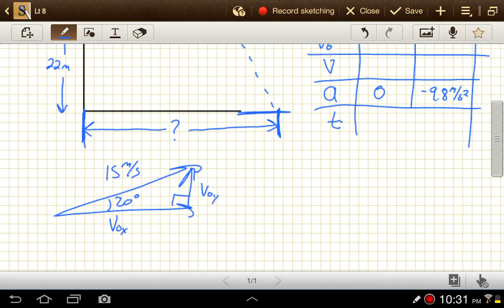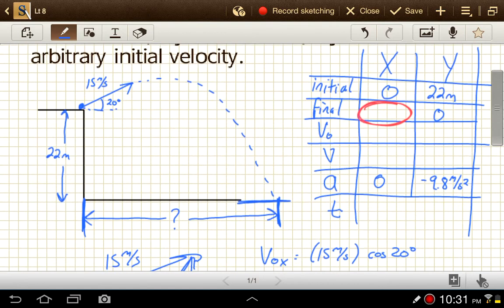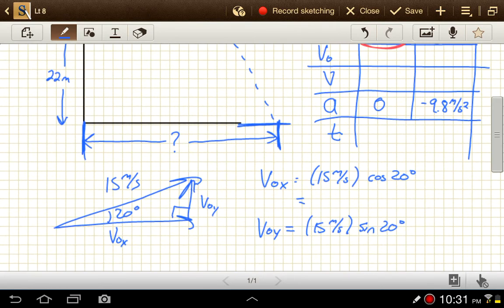And so v naught x is going to be the 15 meters per second times the cosine of 20 degrees, and v naught y is going to be the 15 meters per second times the sine of 20 degrees. So 15 times the cosine of 20 and 15 times the sine of 20.